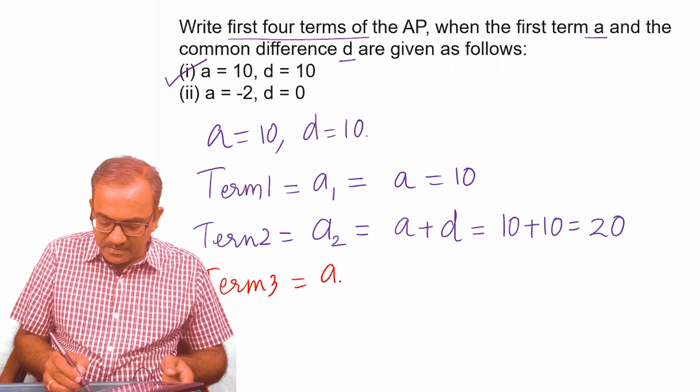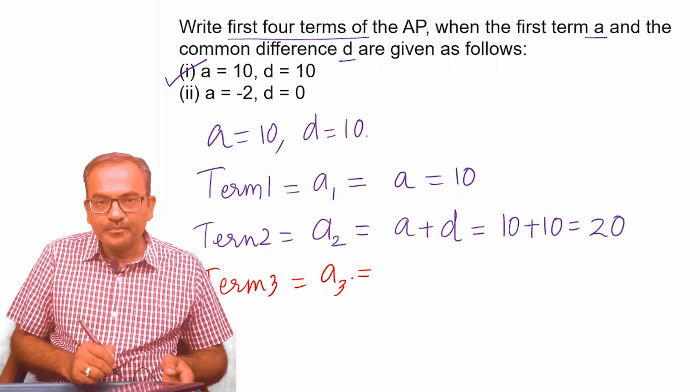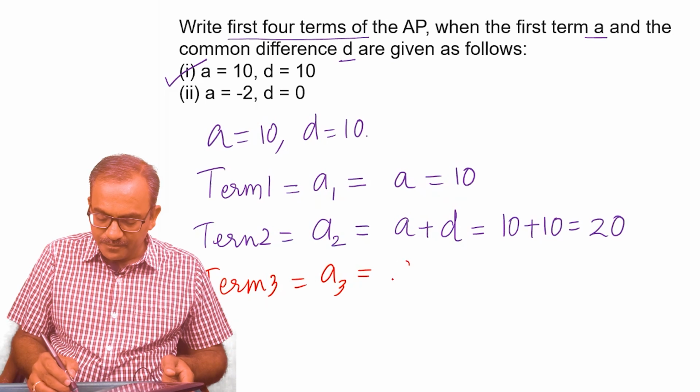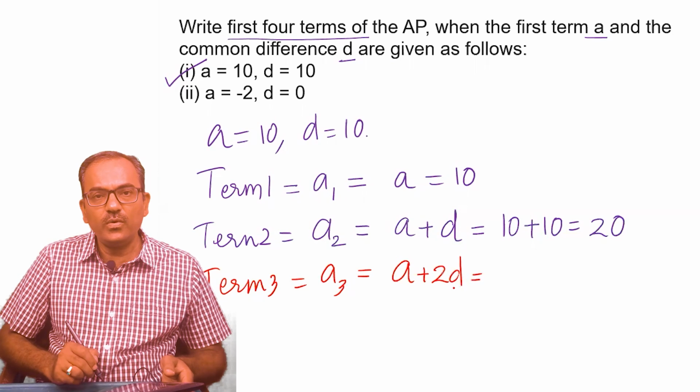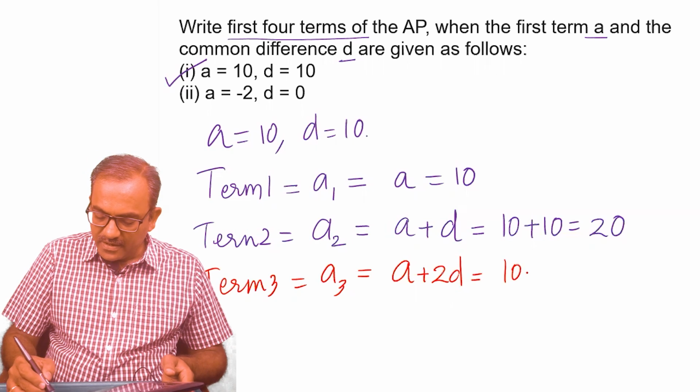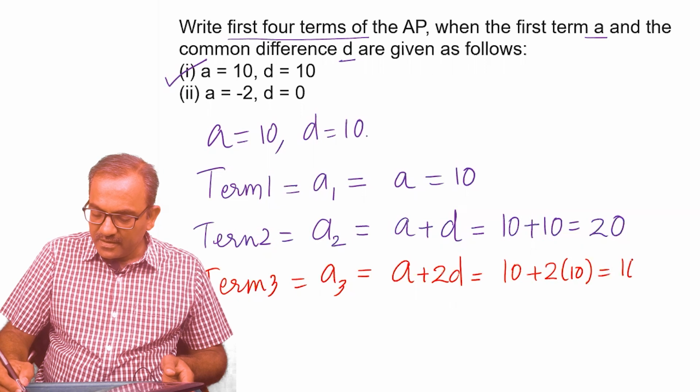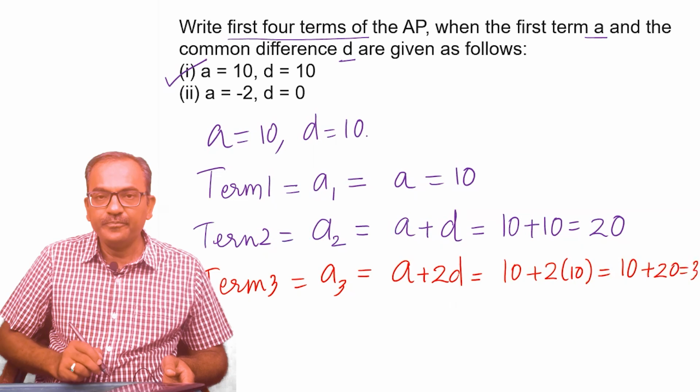I call this A3, and in the general form that you have already seen, the third term is A plus 2D, which is 10 plus 2 times 10, that is 10 plus 20, which is equal to 30.